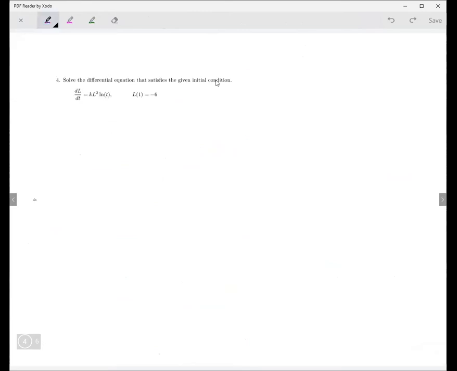Solve the differential equation that satisfies the initial condition. So again, we have this initial condition right here, and here's our differential equation. Now we have capital L and T as the variables. L is the unknown function, T is the variable. So again, we can separate this, and you get that.